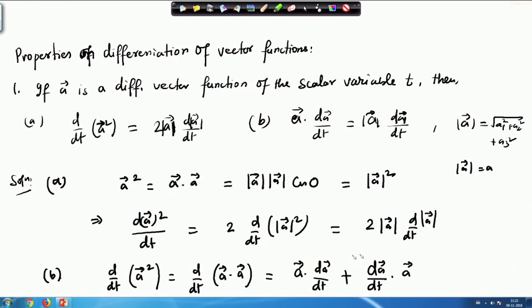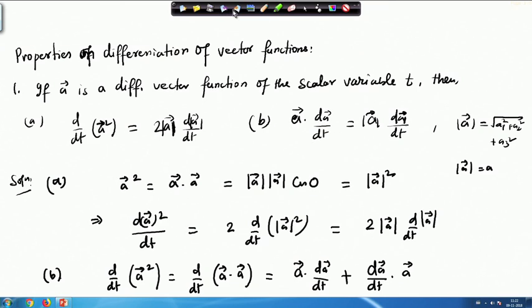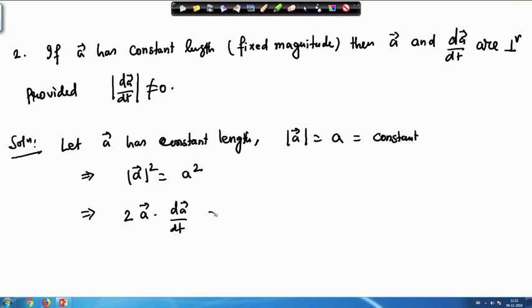We just saw that in the previous result: if we differentiate mod of a squared, we obtain da/dt. If I do that, the right-hand side, since it is constant, will be 0.